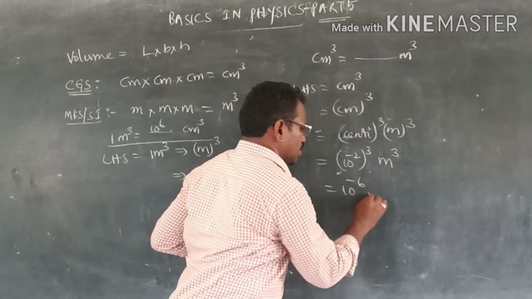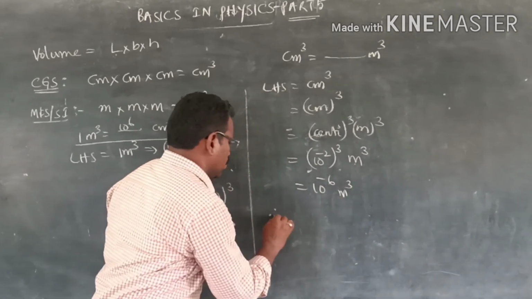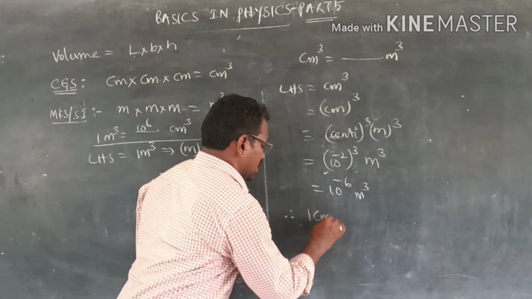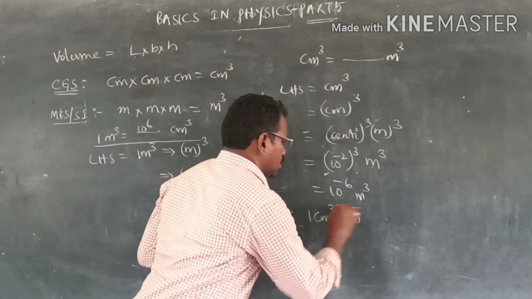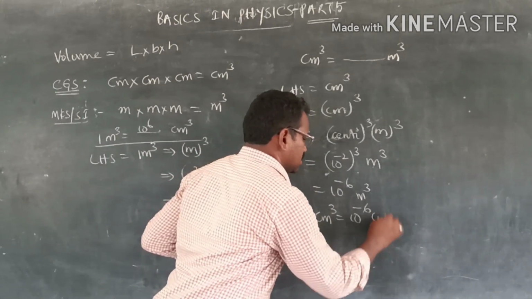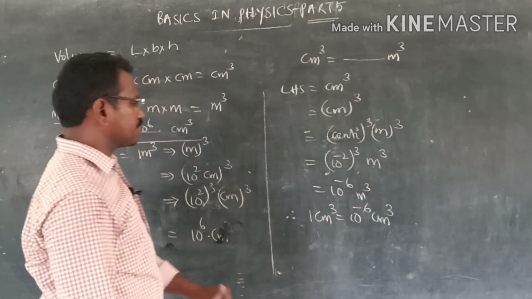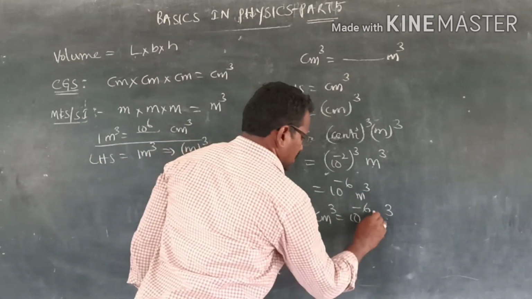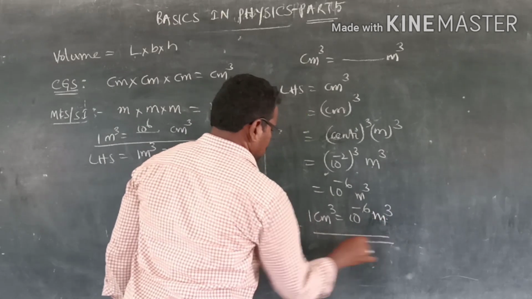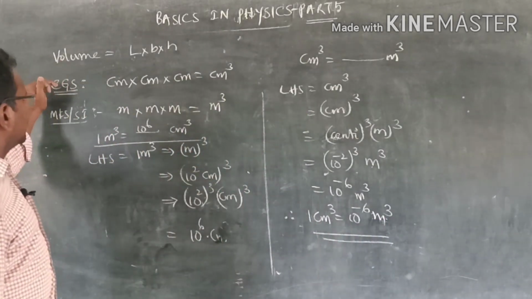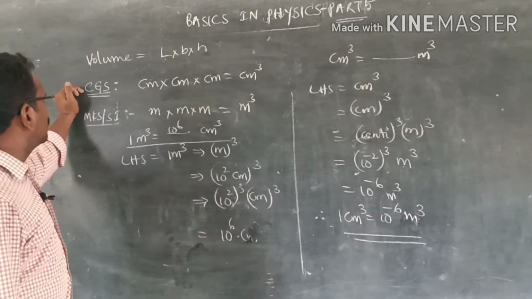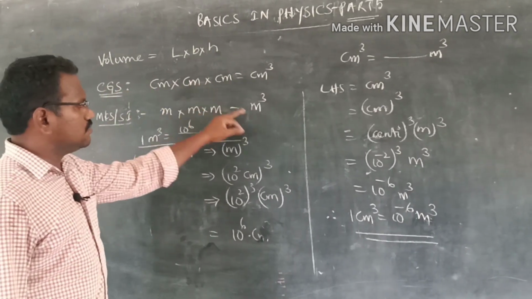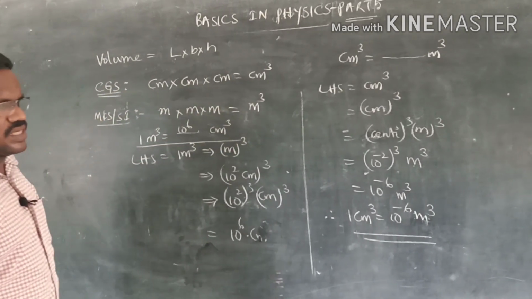Here meter cube is as usual. Therefore 1 centimeter cube is equal to 10 power minus 6 meter cube. This is the derived unit of volume in the CGS system as well as in the MKS system.